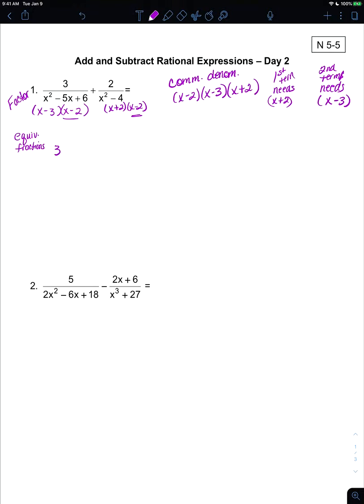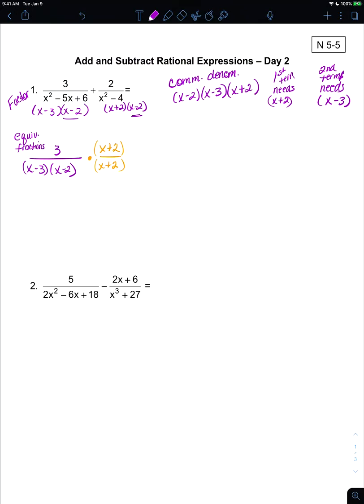So we've got 3 over x minus 3 times x minus 2. And all I did is put that x squared minus 5x plus 6 in a factored form. Now we said this first term needs that x plus 2, so we're going to multiply this first term by that x plus 2.